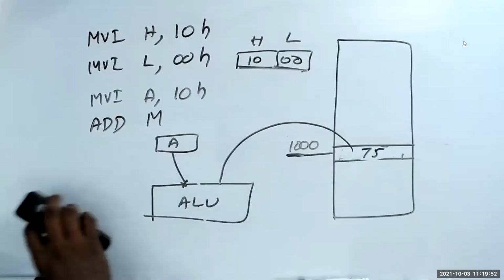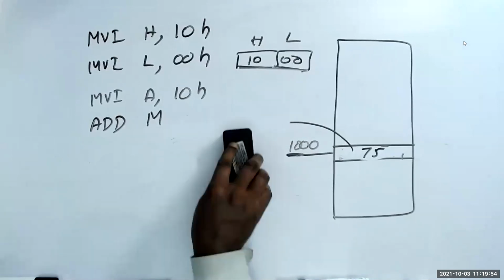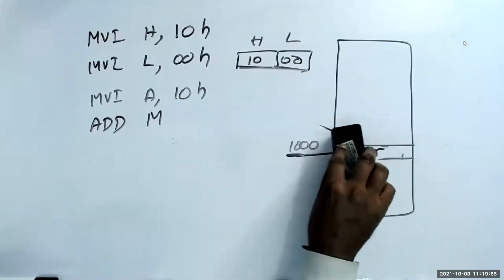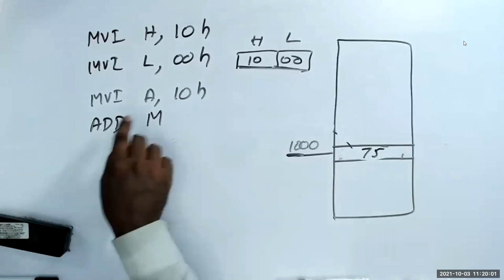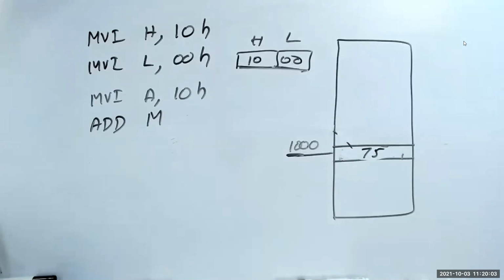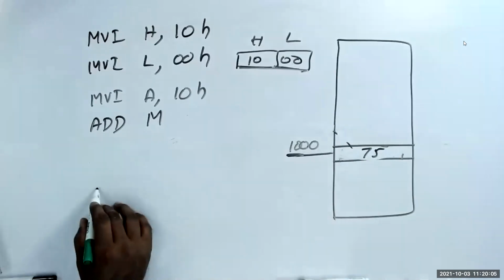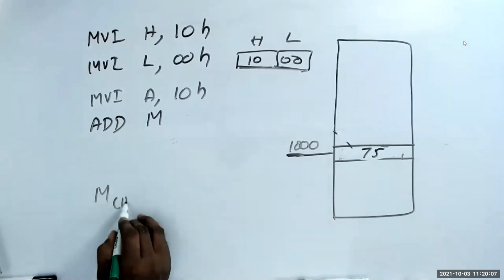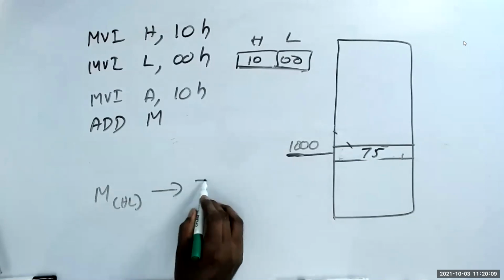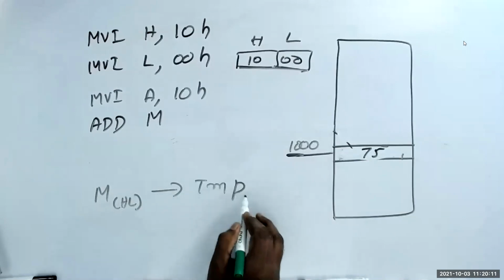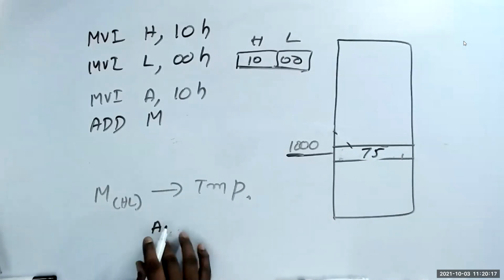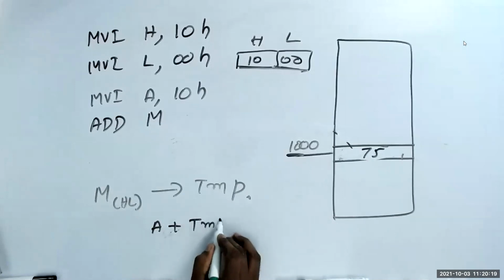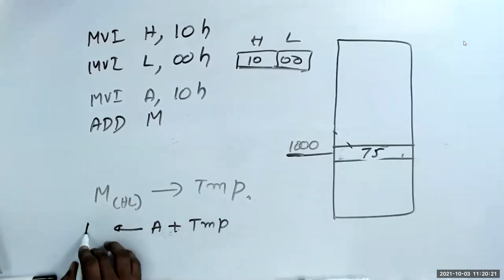So what the microprocessor manufacturer does, when you do this instruction, add M, is move the value at M of HL to temp. Then they do add A plus temp, and put the result in A.